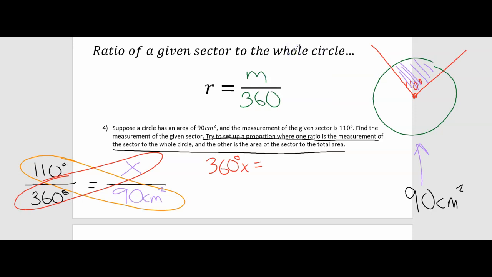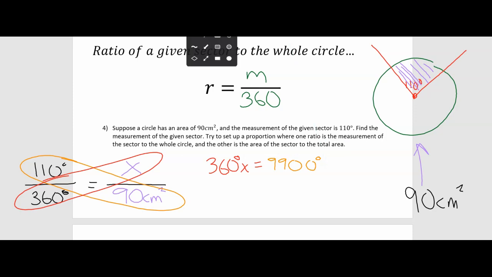You can see it in action. 90 centimeters squared times 110 degrees gives us 9,900 degrees times centimeters squared.